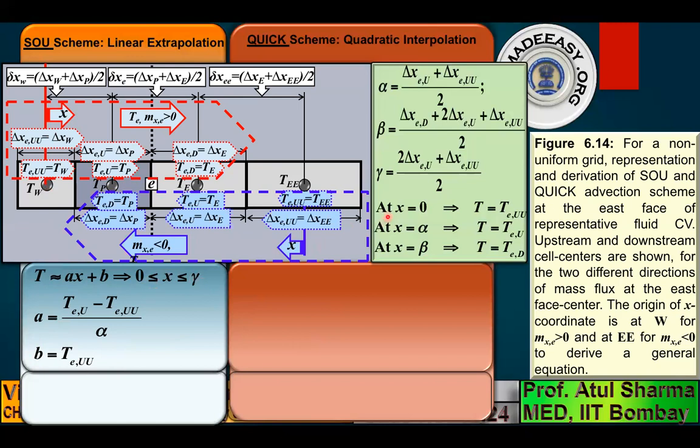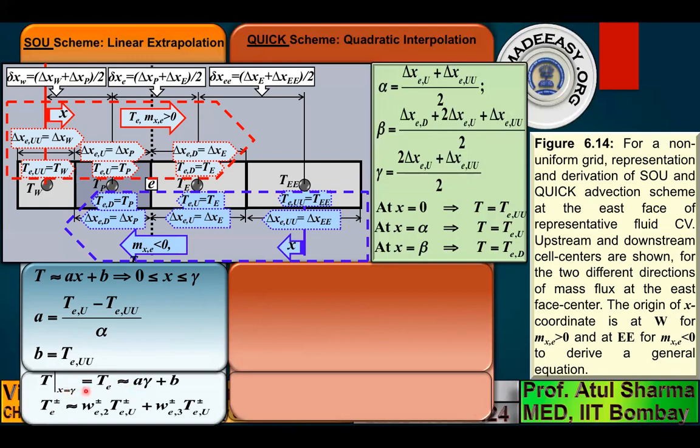So now for a second order upwind scheme, we use these two locations corresponding to upstream of upstream and upstream. And when we substitute x equal to 0, T is equal to T_UU, and x equals to alpha. So when we substitute these two, we get A and B, which is shown here.